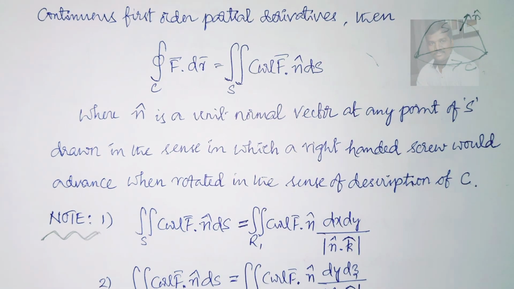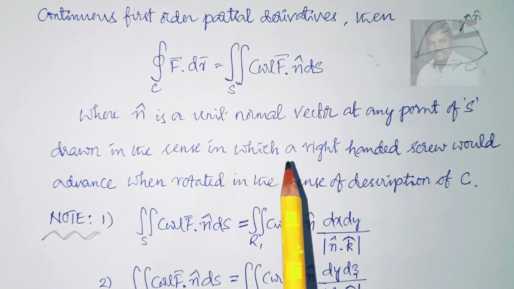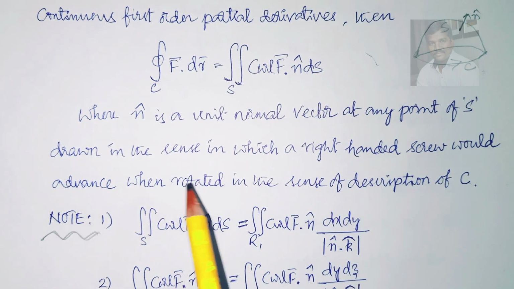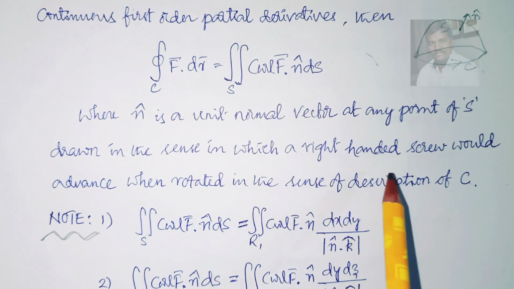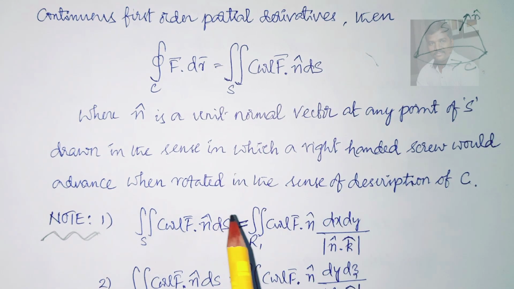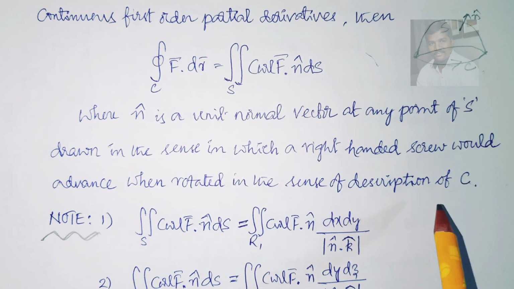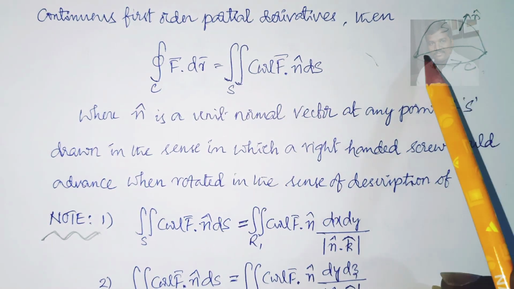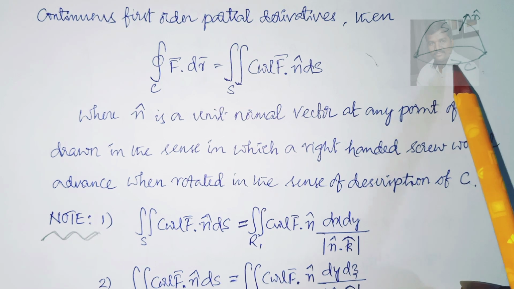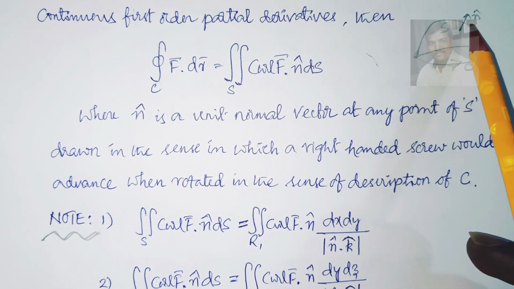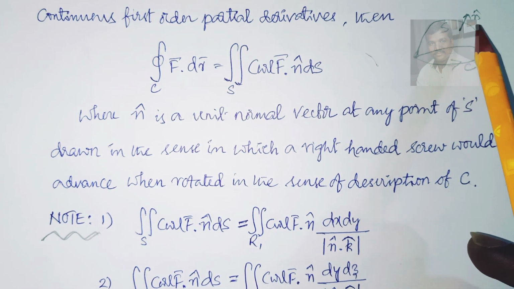Where n cap is a unit normal vector at any point of S, drawn in the sense in which a right-handed screw would advance when rotated in the sense of description of C. So the orientation or direction of C depends on n cap, the unit normal vector.